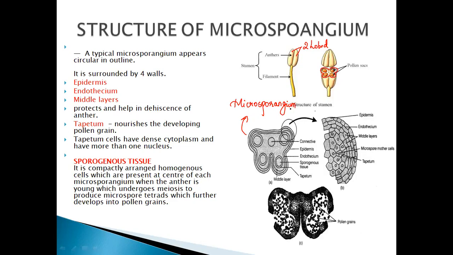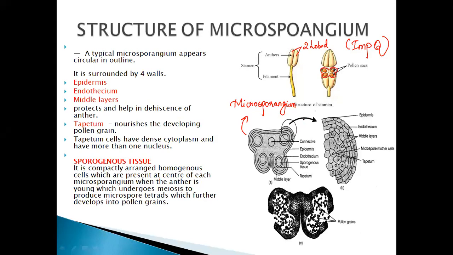Now, the structure of the microsporangium along with the diagram is an important question. This diagram is important, students, where for this tetragonal structure you need to explain the walls of the microsporangium and the tissues.